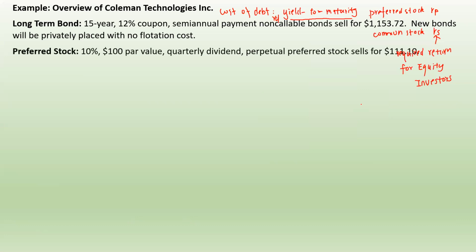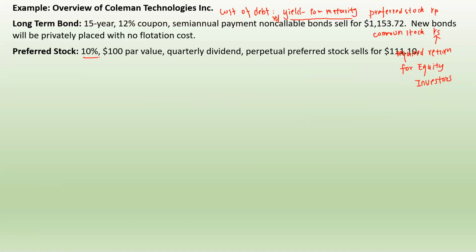So let's look at this firm called Common Technologies. It has a long-term debt: a 15-year, 12% coupon, semi-annual payment, non-callable bond, and the bond price is $1,153.72. This company also has preferred stock, and it's 10%.